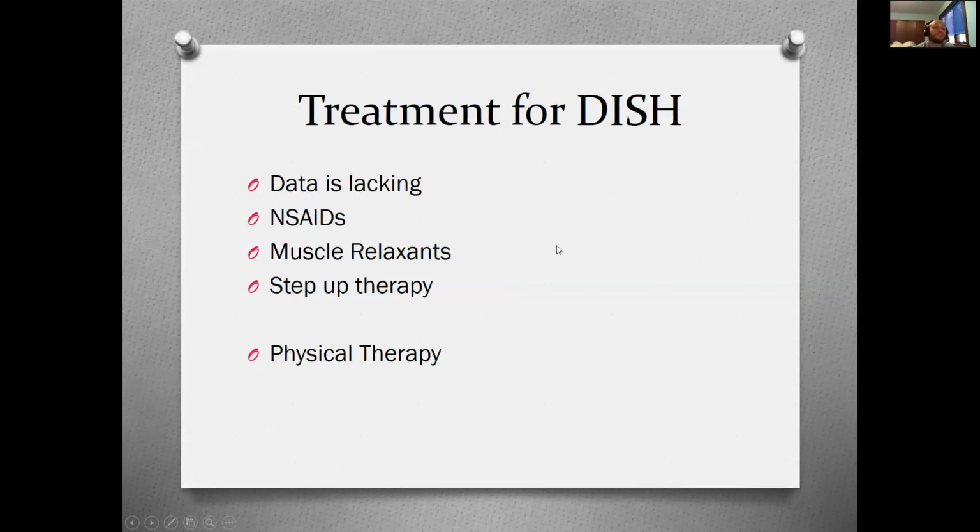So how do we treat DISH? Unfortunately, data is lacking on this condition. Much like some of the other back conditions that are more rheumatologic, we can use NSAIDs. Now, have we looked at using rheumatologic agents, Humira, and things like that for this condition?